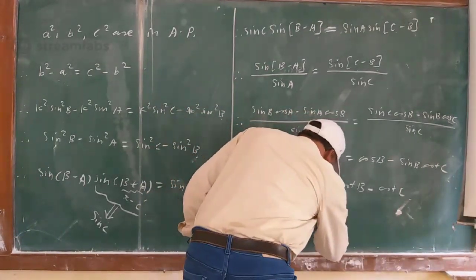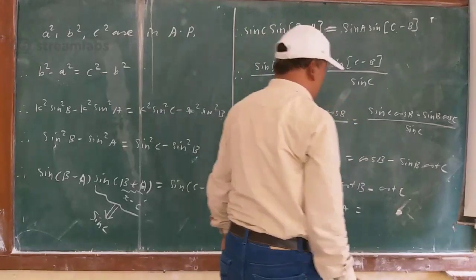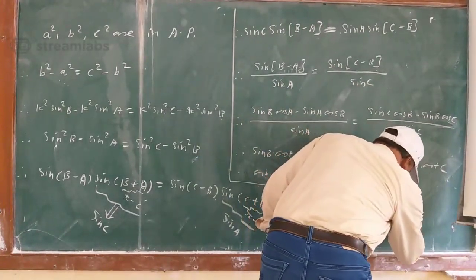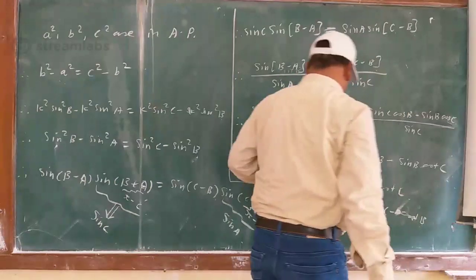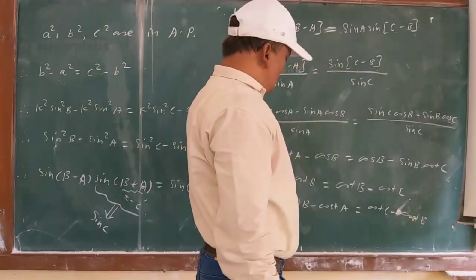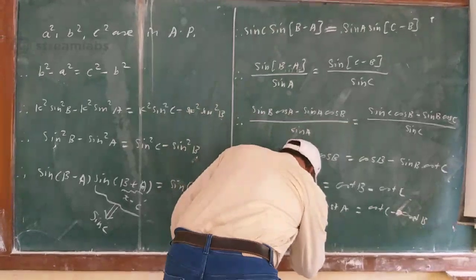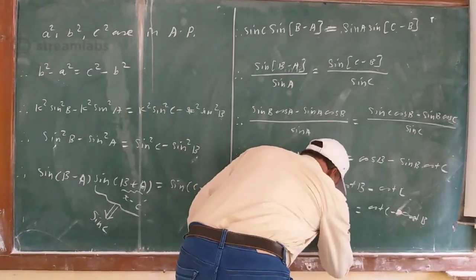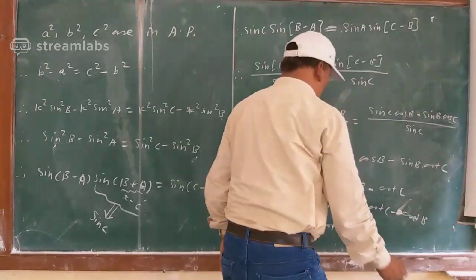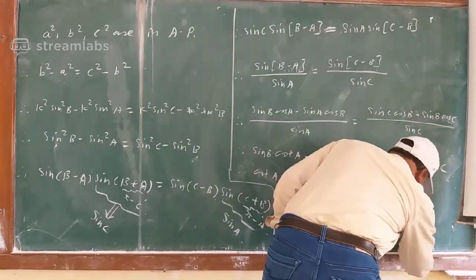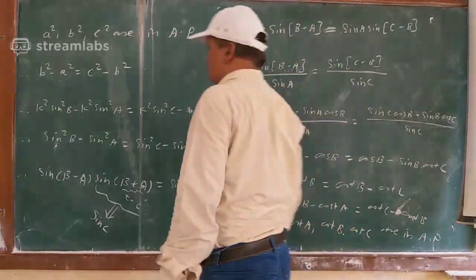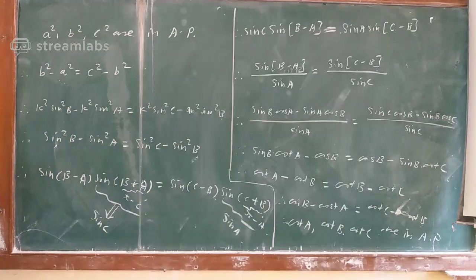Therefore, cot B minus cot A equals cot C minus cot B, and it means cot A, cot B, cot C are in AP. It is proved. So the proof is completed.